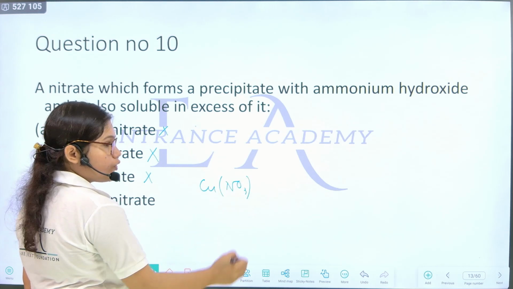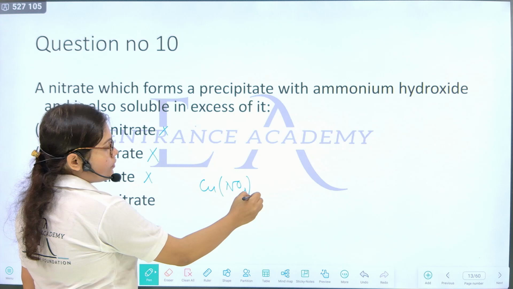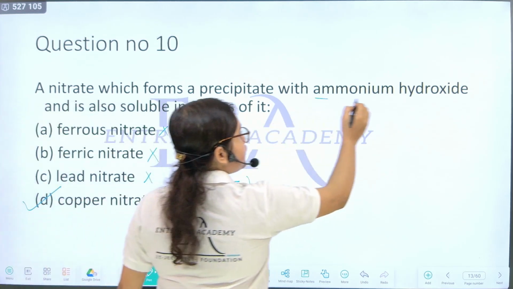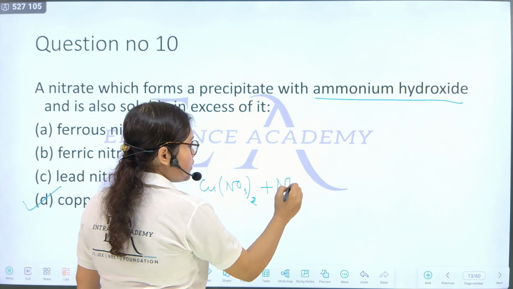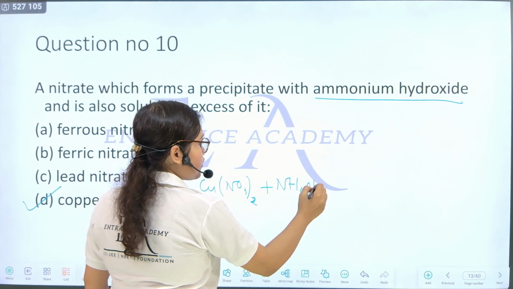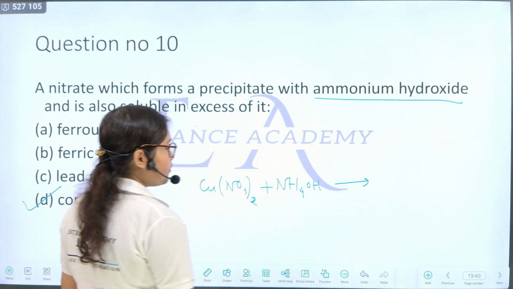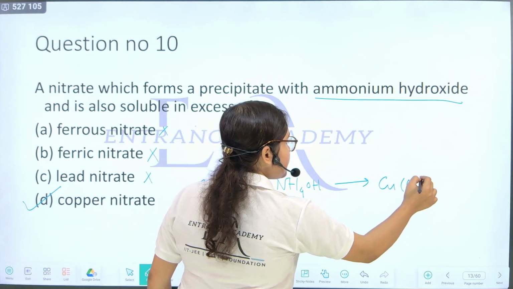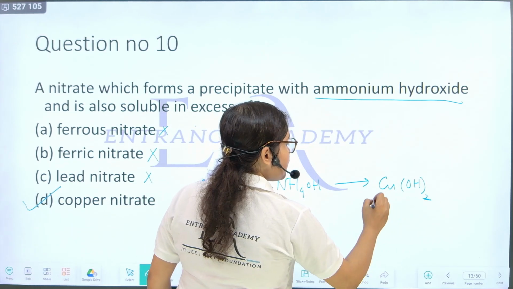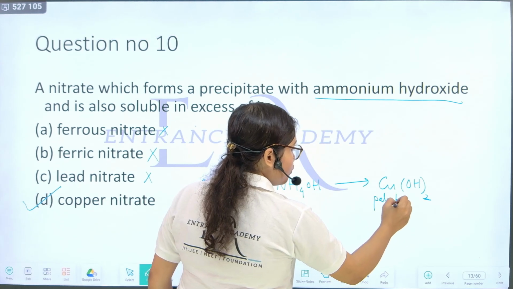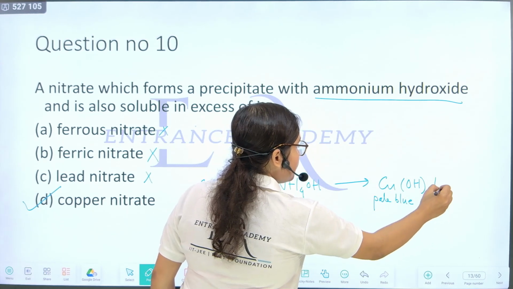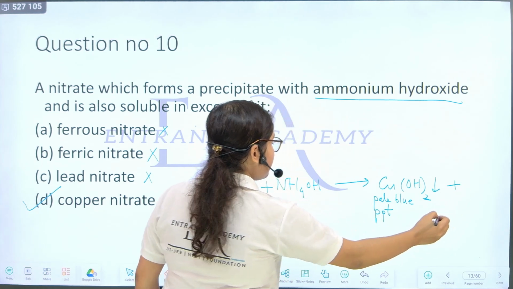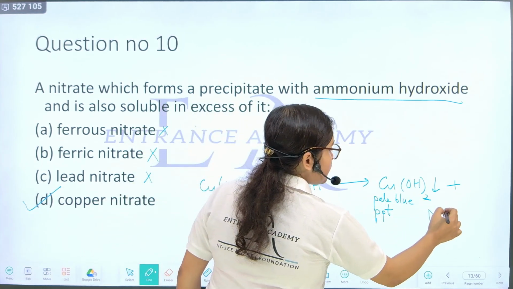Now you need to know the equation. Copper nitrate reacts with ammonium hydroxide to give copper hydroxide, which is a pale blue or light blue precipitate, plus ammonium nitrate, another compound.